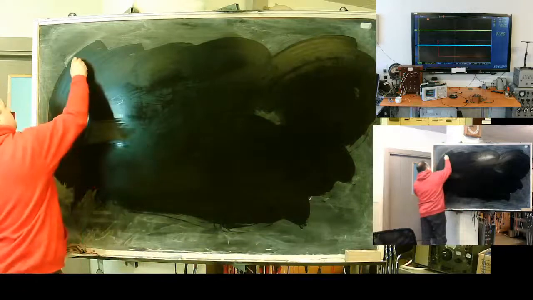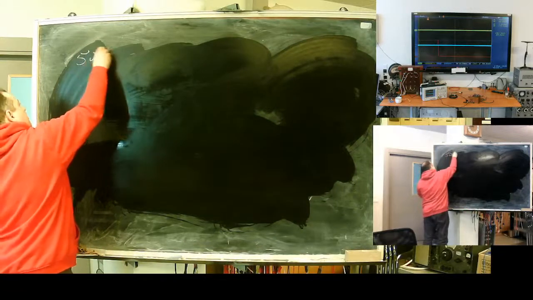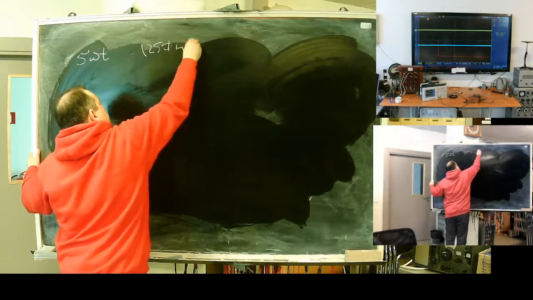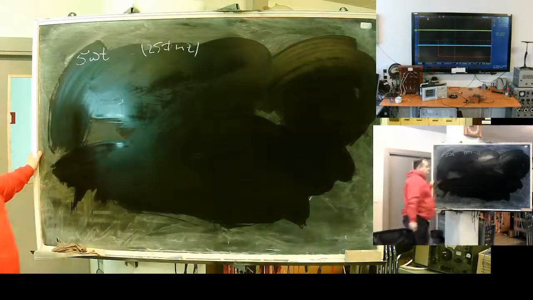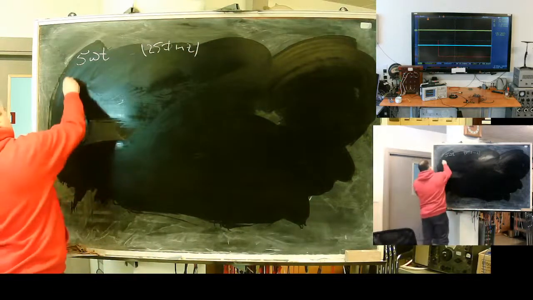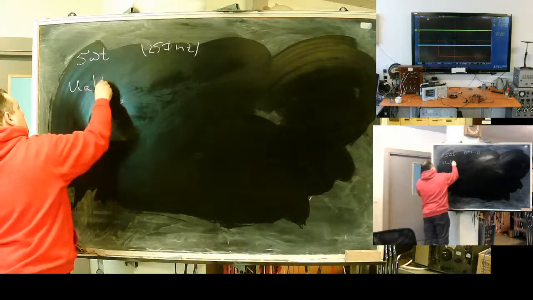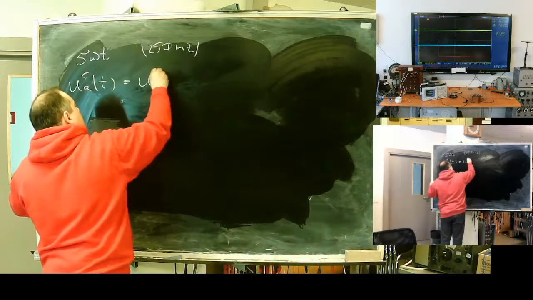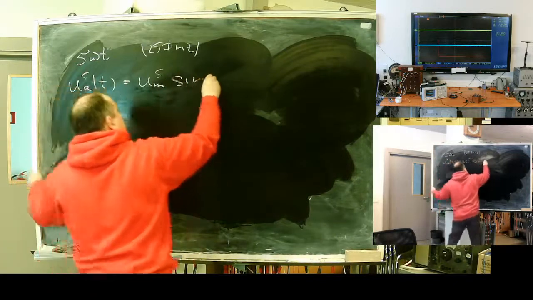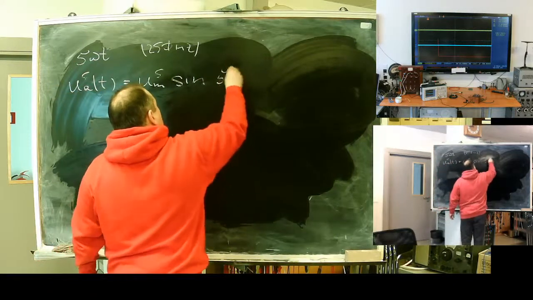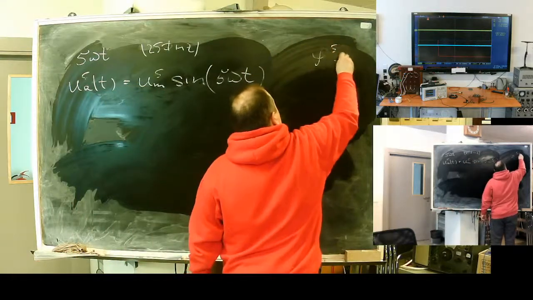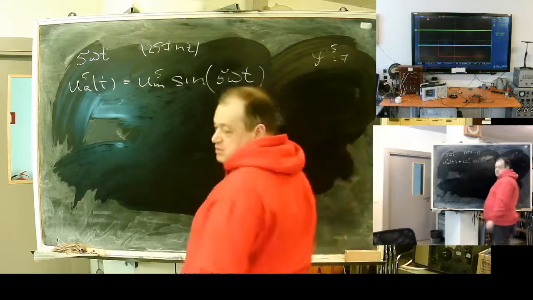Now let's see what will happen at 5 omega t. In Europe it will be a 250 Hz component. It will be some max voltage, sine 5 omega t. I'll set the phase to 0 for simplicity.